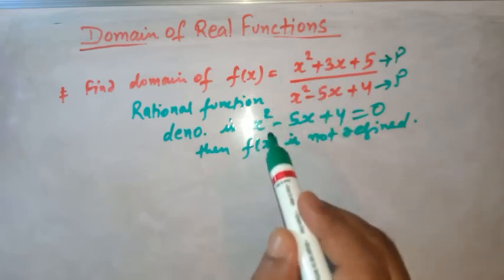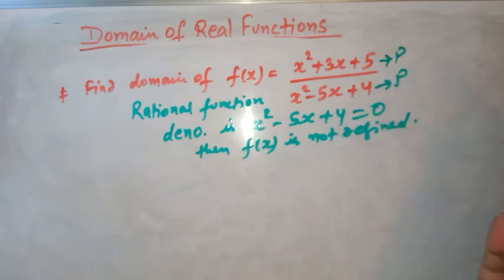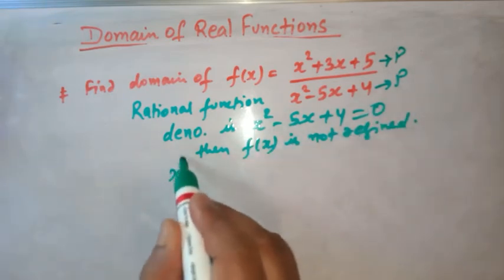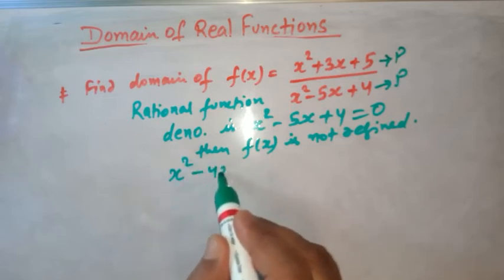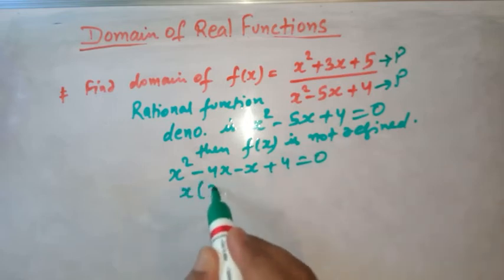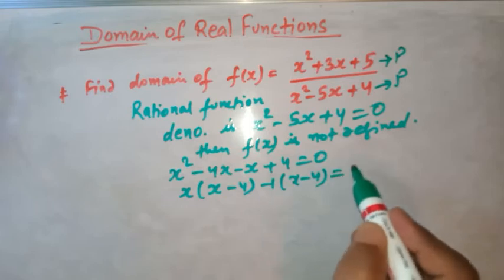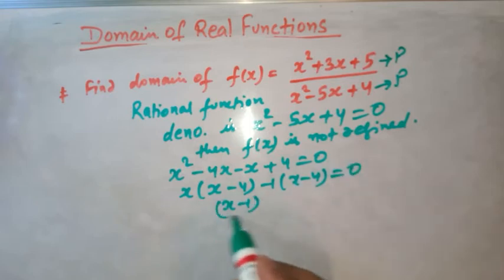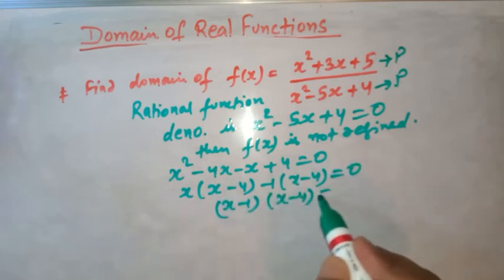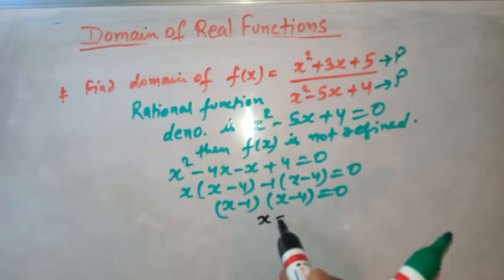So x square minus 5x plus 4 equal to 0, and when we factorize it, say as x square minus 4x minus x plus 4 equal to 0, then we have (x minus 4) minus 1 (x minus 4) equal to 0. So we have (x minus 1)(x minus 4) equal to 0, and the values of x are 1 and 4.